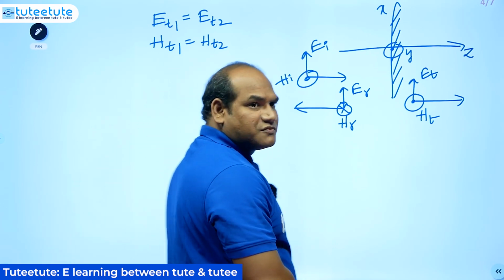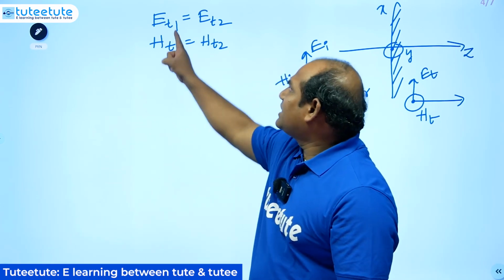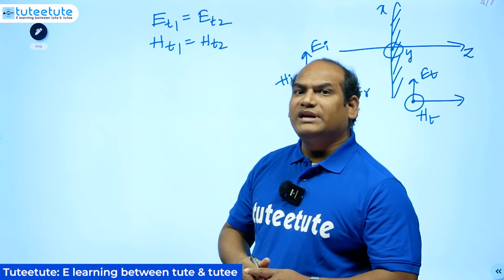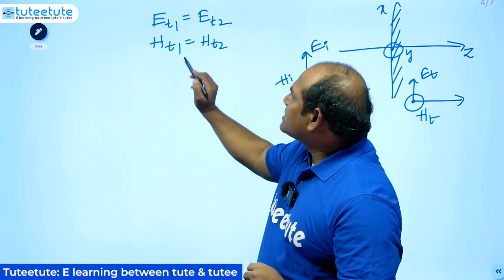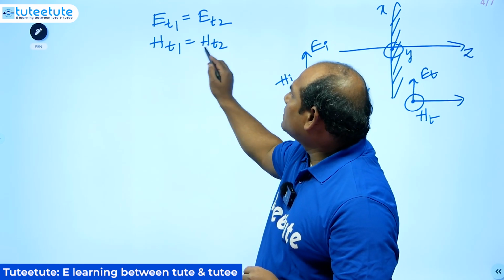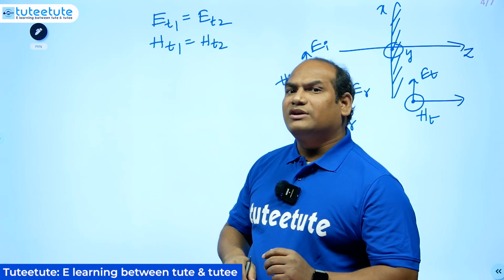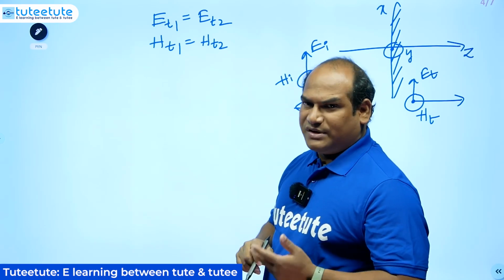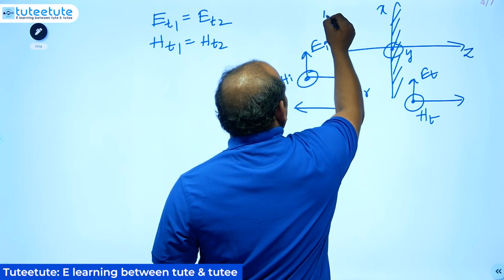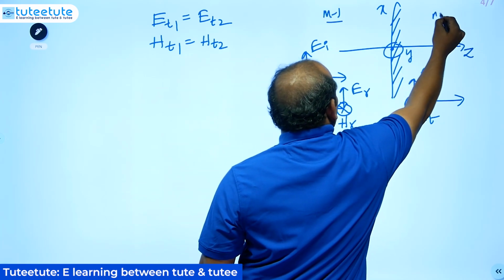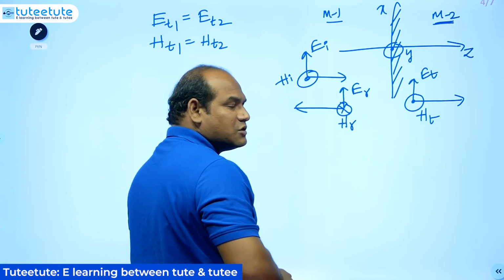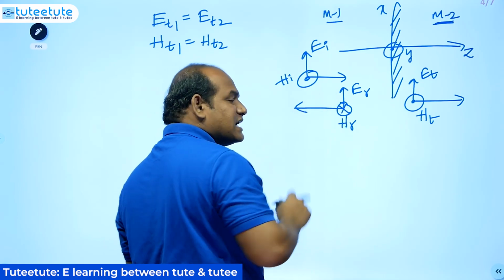So what is the meaning of this? The tangential component of the electric field in medium 1 is equal to the tangential component of the electric field in medium 2. And here also the tangential component of the magnetic field in medium 1 is equal to the tangential component of the magnetic field in medium 2. But in medium 1, this is medium 1 and this is medium 2, we are dealing with two signals: one is the incident wave, the second one is the reflected wave.